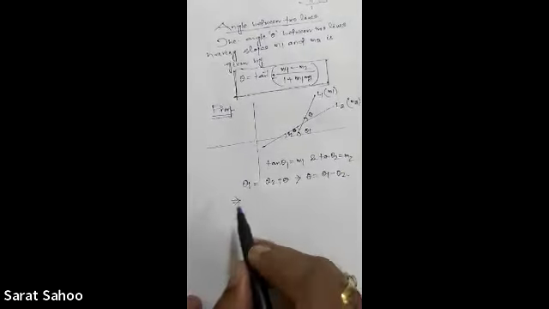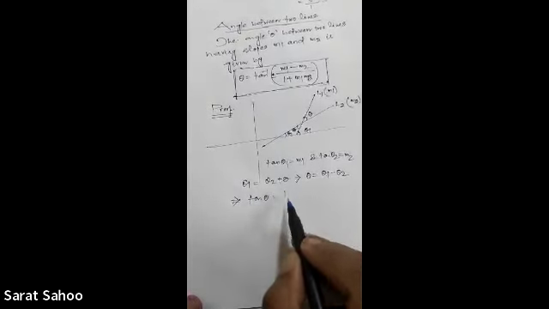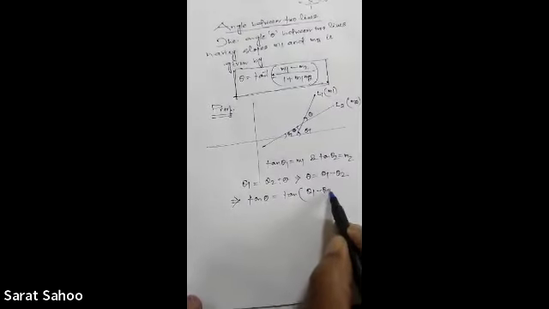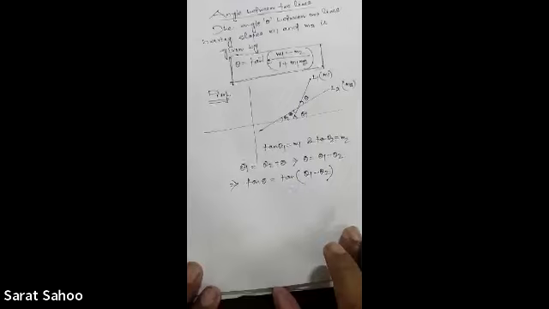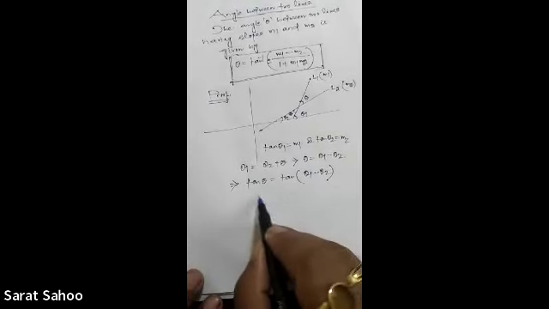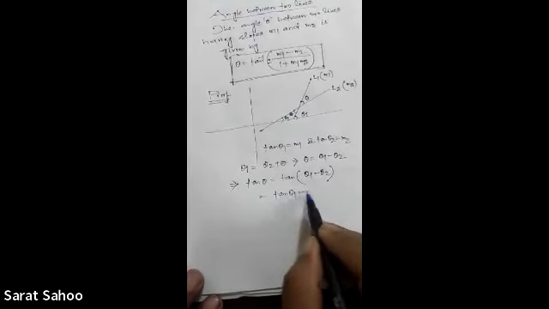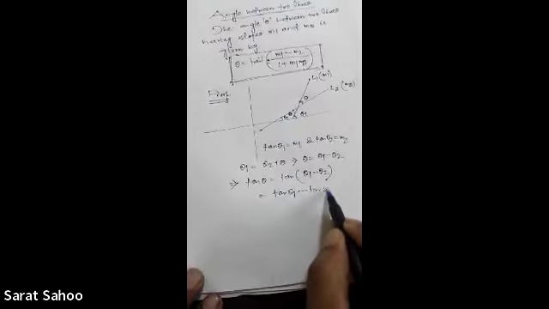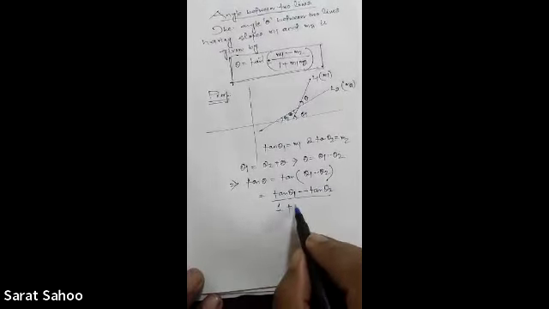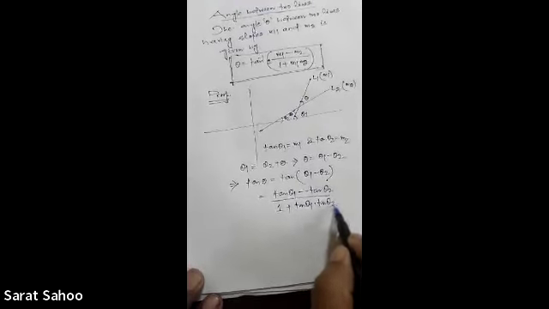Taking tan of both sides, tan theta is equal to tan of θ1 minus θ2. Okay, tan A minus B formula: tan A minus tan B by 1 plus tan A tan B. Tan θ1 minus tan θ2 upon 1 plus tan θ1 into tan θ2.